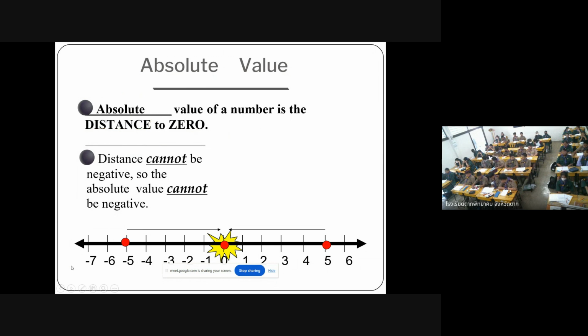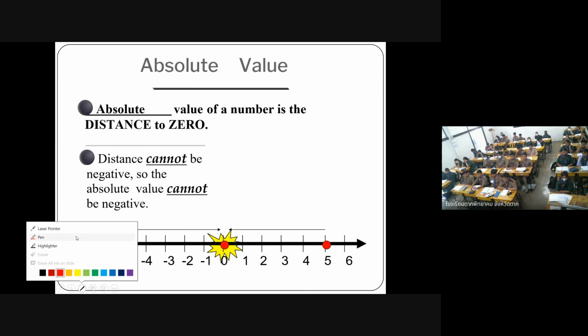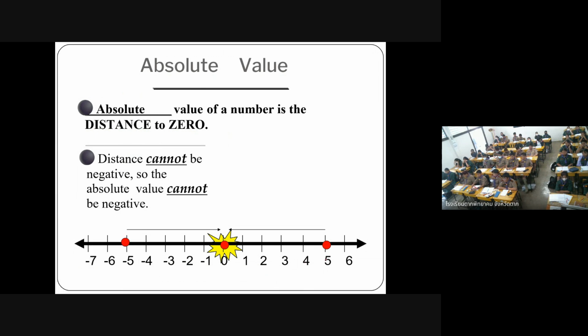So again, remember everyone, we're dealing with the distance of a number to 0. So let's say we're dealing with the absolute value of 5. This is the number 5, right?